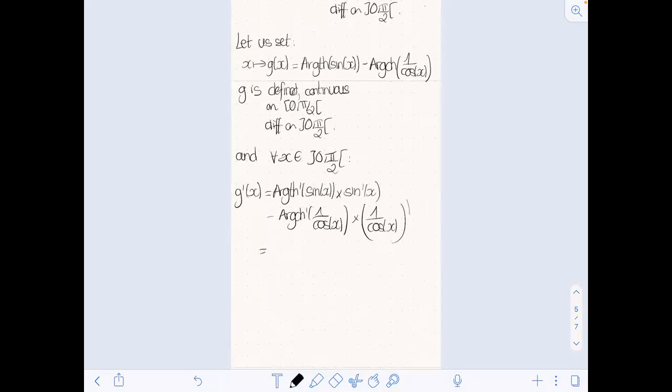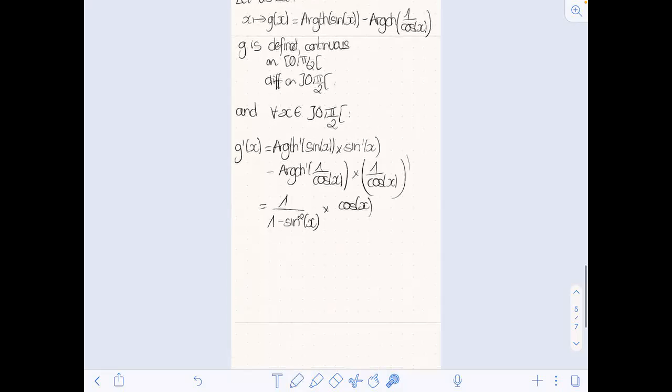The first term, argth prime applied to sine of x, will give us 1 over 1 minus sine of x squared. The derivative of argth is 1 over 1 minus x squared, so you end up with 1 over 1 minus sine of x squared, and you multiply that by cosine of x.